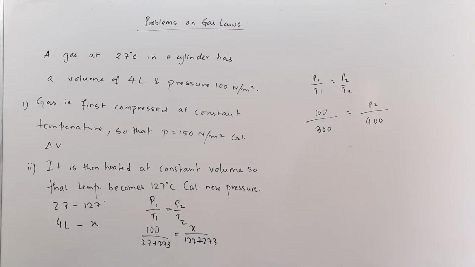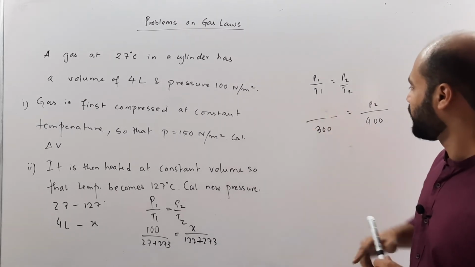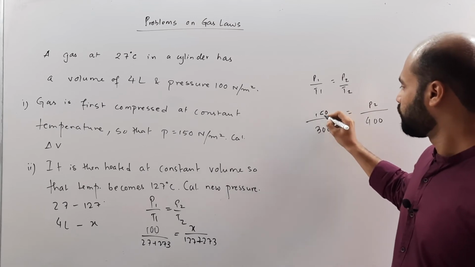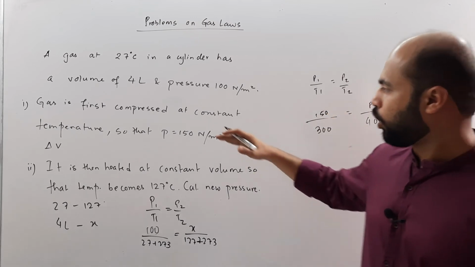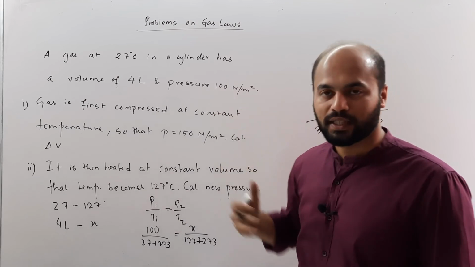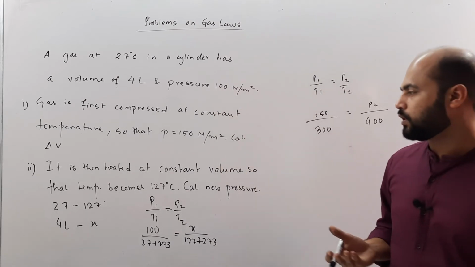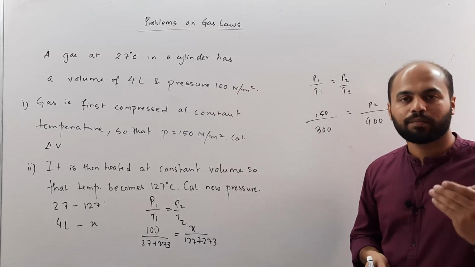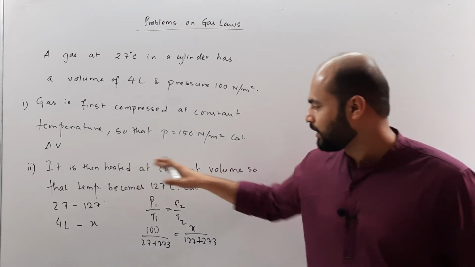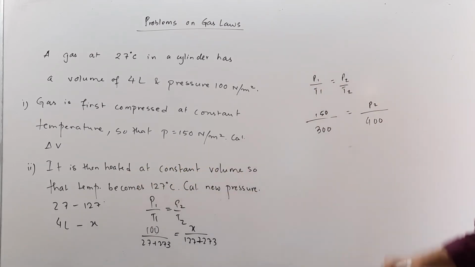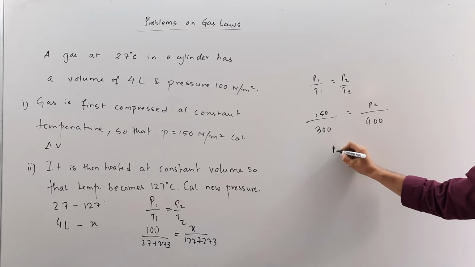Now here the pressure that we have to actually take is 150 because we have already reached this stage wherein the pressure is increased from 100 to 150. So we are in a situation wherein already the pressure is 150 and it is then heated at constant volume.